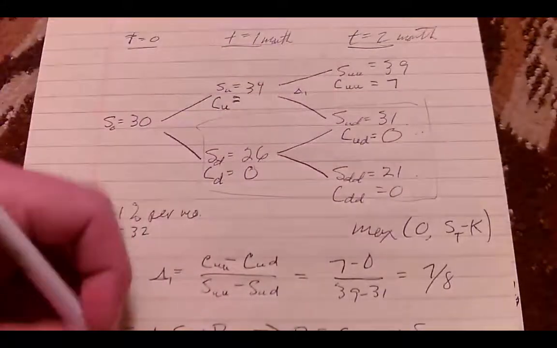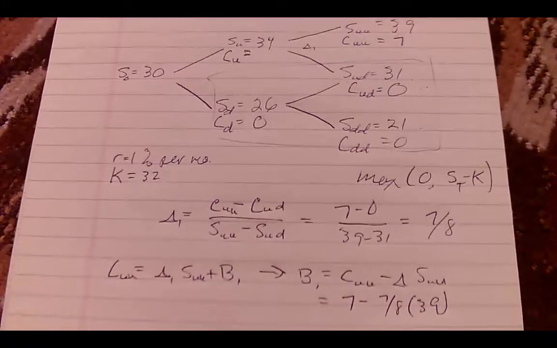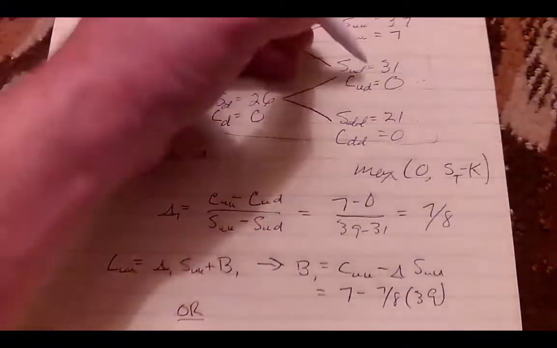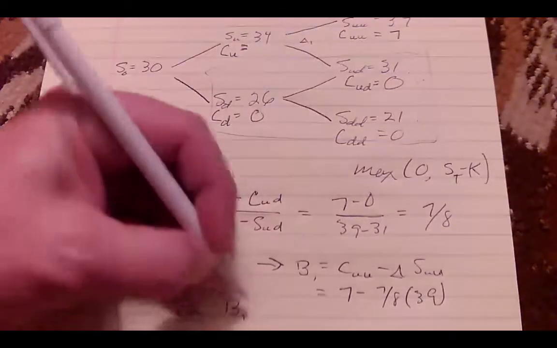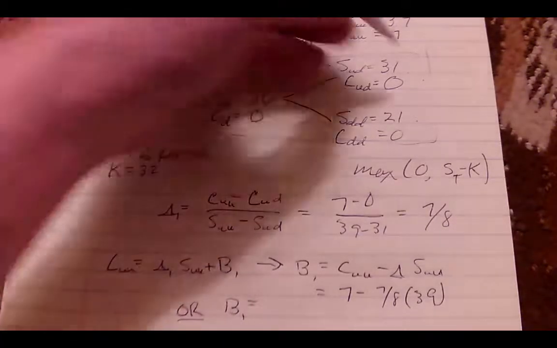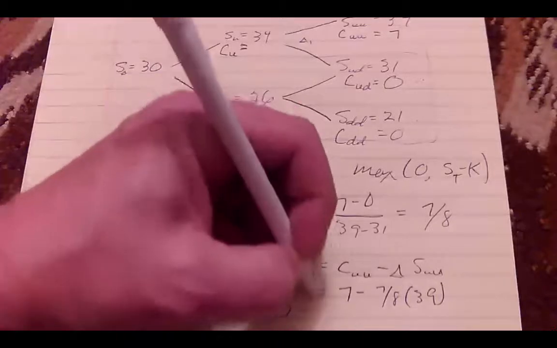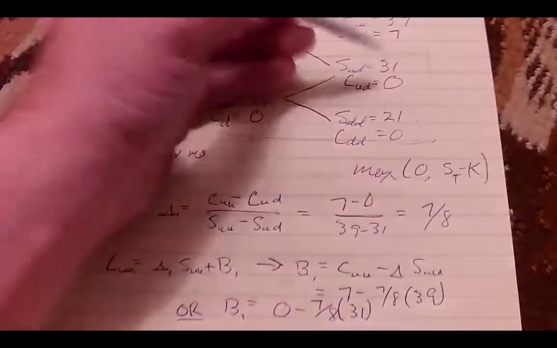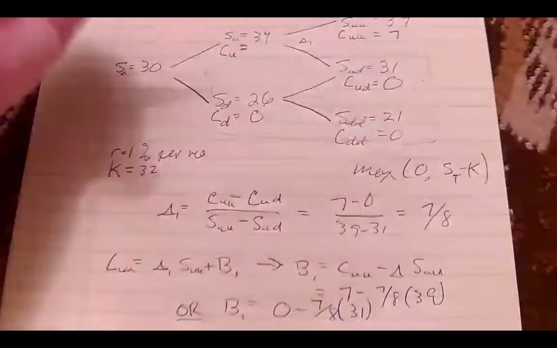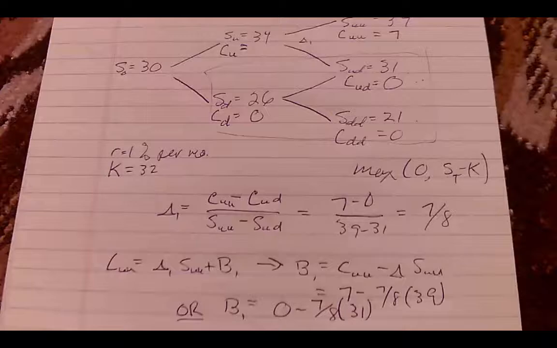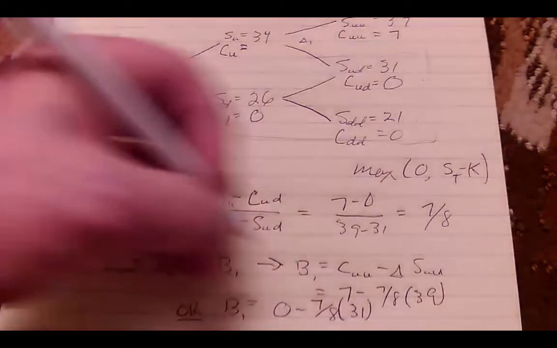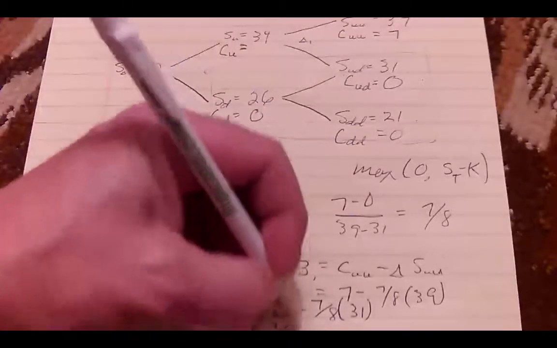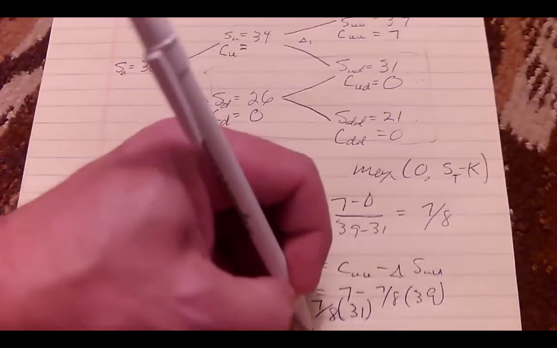We could also have used this other node, where B1 would equal 0 minus 7/8 of 31. Either way, you get the same answer. I'm going to use this one so that I don't have to use a calculator quite yet. So it's negative 7/8 times 31.